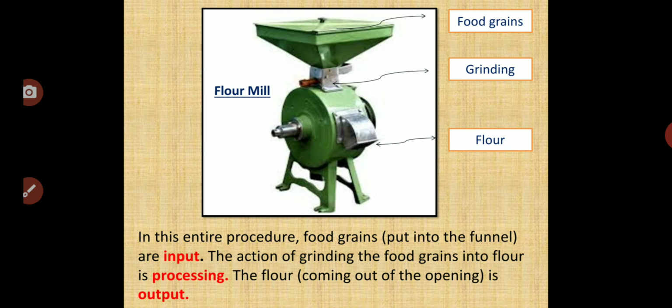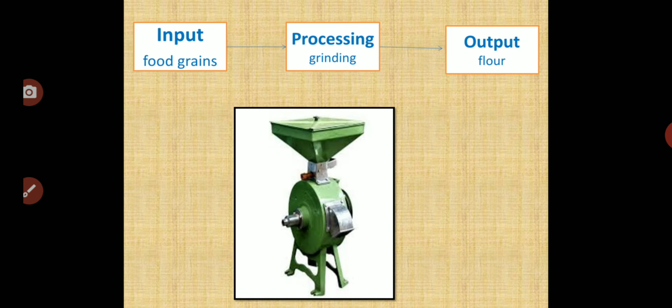For another example you can take fruit juice, the same process. Okay. Now next image. Input means food grain, processing means grinding, and output means flour.